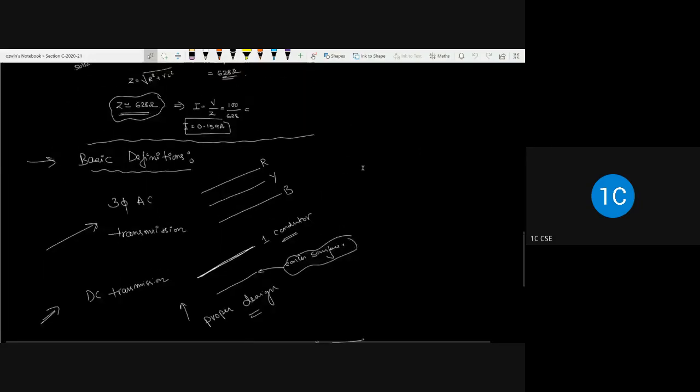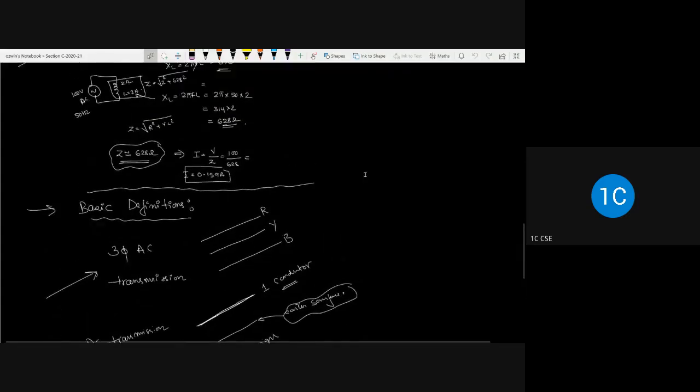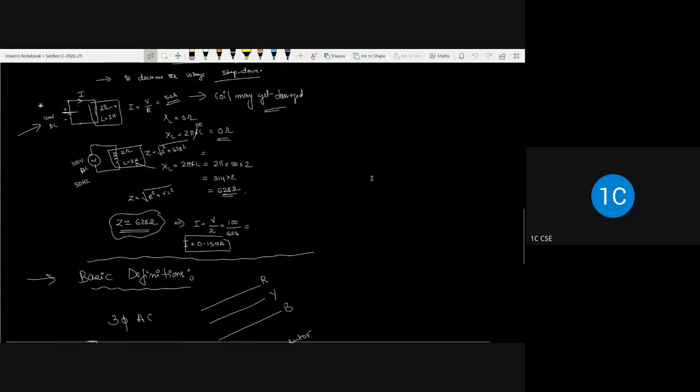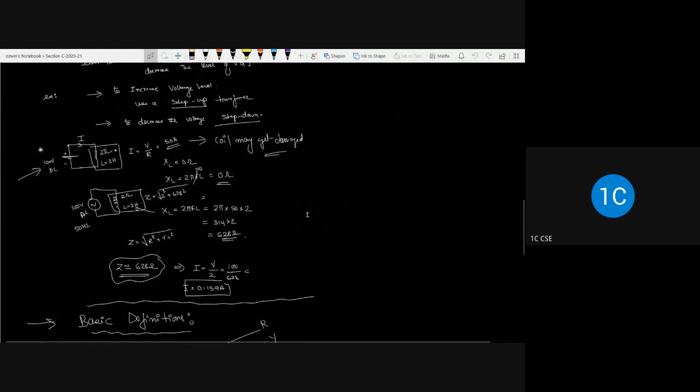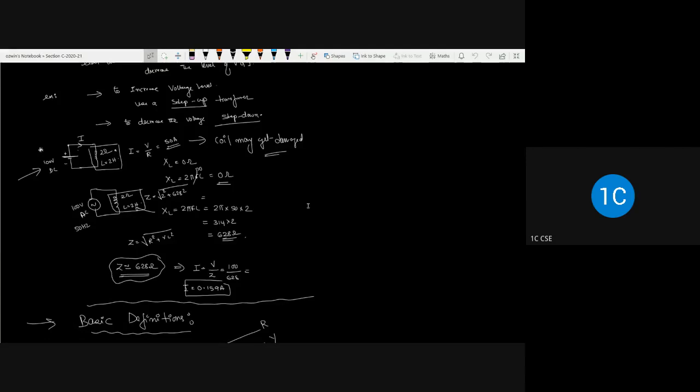So we discussed what the difference is between AC and DC, what the different types of AC are, that is single phase and three phase, and what will happen if you connect a DC supply to a transformer. On that basis, we mentioned that AC is slightly more advantageous than DC, given the fact that the voltage levels in AC can be easily manipulated, and the manipulation is not so easy in DC systems.